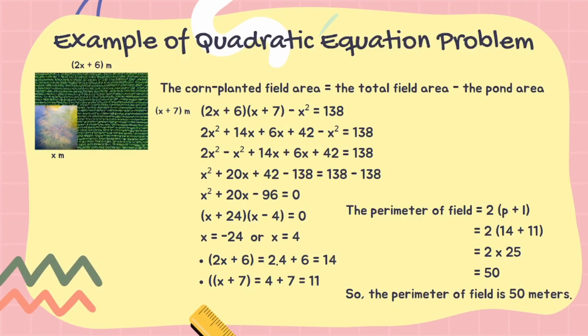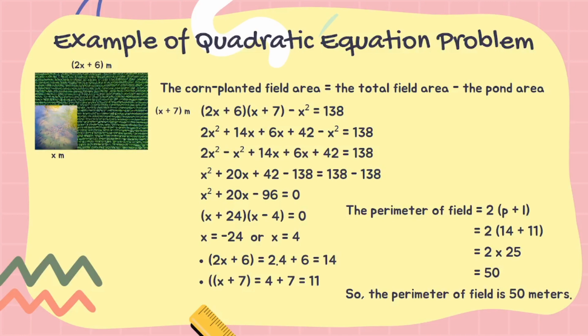We're going to use this formula: the corn planted field area equals the total field area minus the pond area. We substitute all of the known terms, which means the product of the quantity 2x plus 6 times the quantity x plus 7, and then minus x squared equals 138.